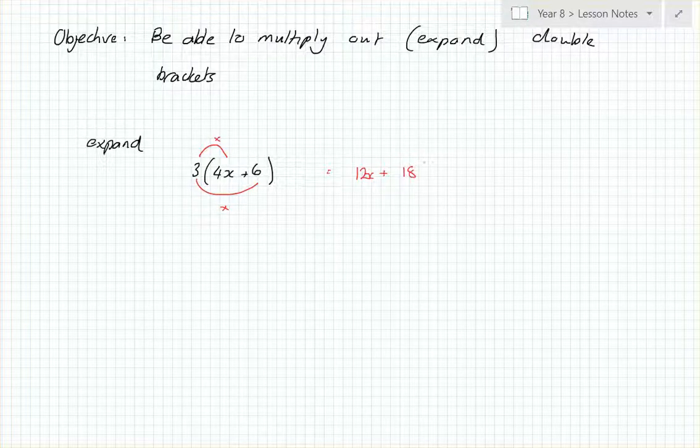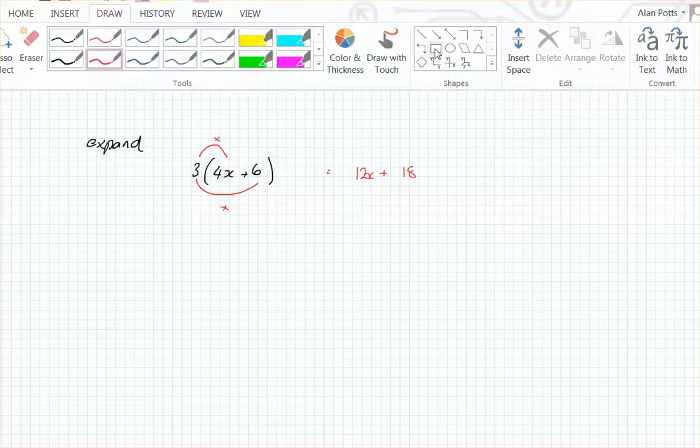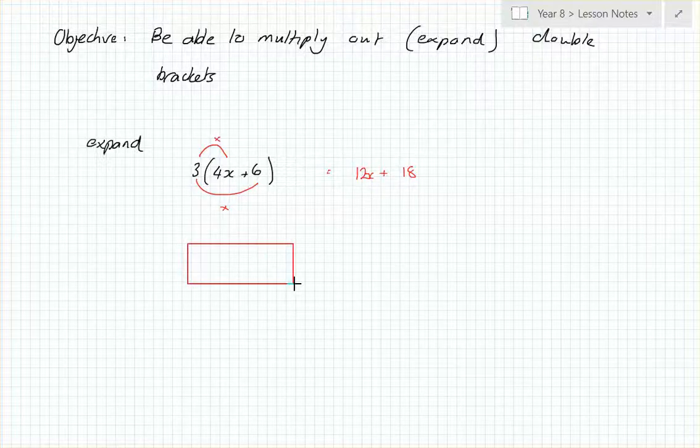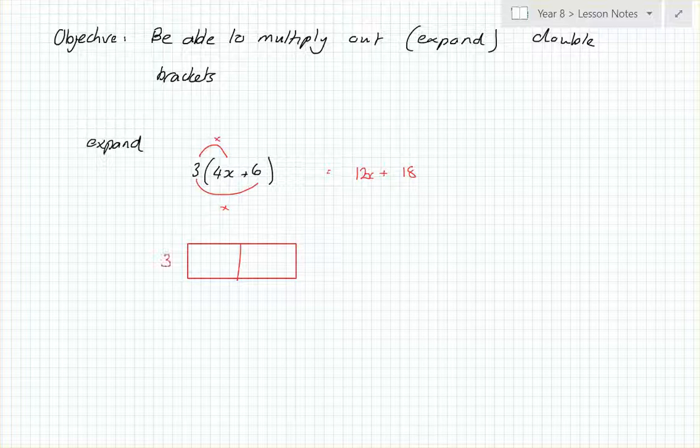Good. We could do it as a table. Actually, let's recap the table method because we're going to use that again with the double brackets if necessary. So if I had a box, split it. This side I'd have the 3, this side I'd have the 4x plus 6.